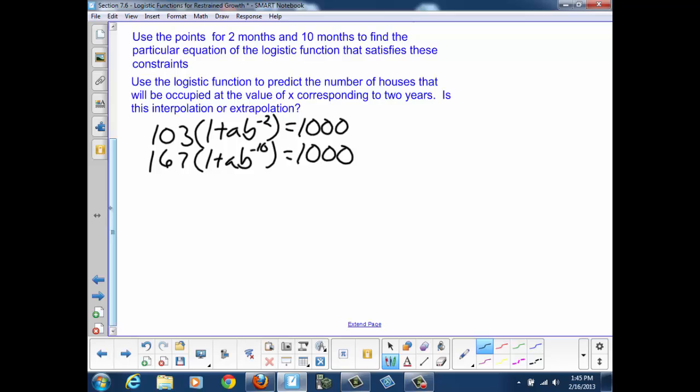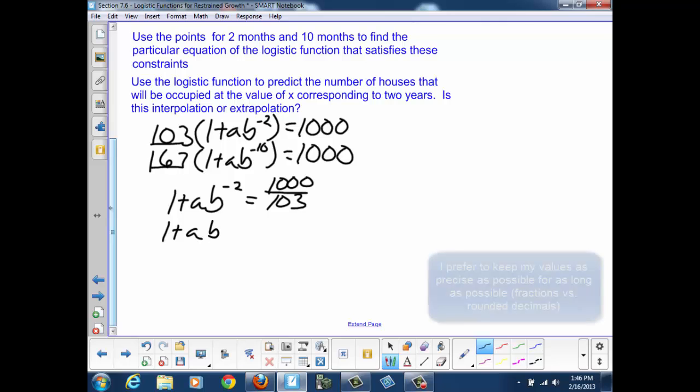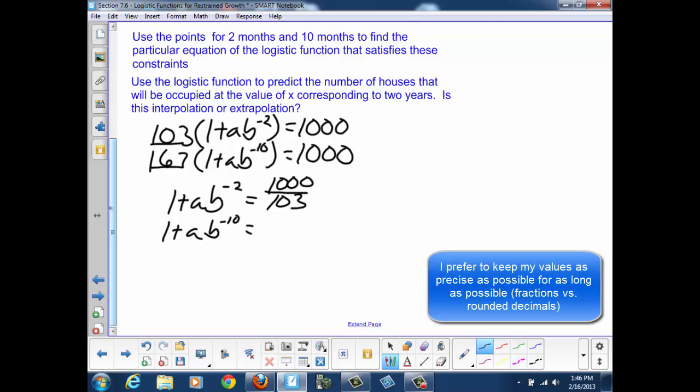Now we have to get to our variables. So what I'm going to do is divide both sides by this coefficient here. So I'll have 1 plus ab to the negative 2 equals 1,000 over 103. And then I have 1 plus ab to the negative 10 equals 1,000 over 167.